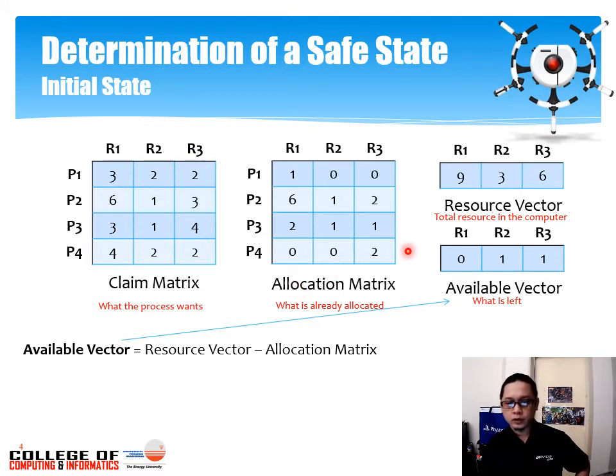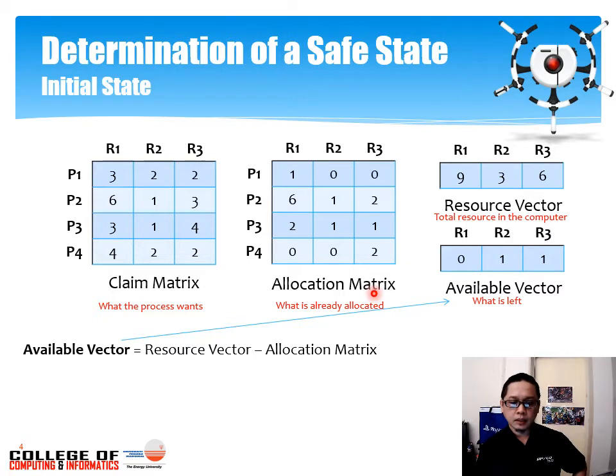If you notice, if you add up all these resource numbers for R1, 1 plus 6 plus 2, you will have 9. For resource 2, 1 plus 1 equals 2. For resource 3, 2 plus 1 plus 2 equals 5.